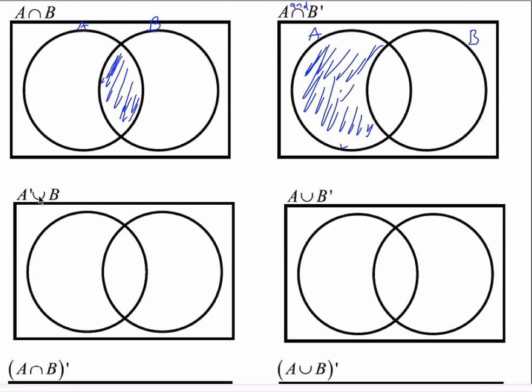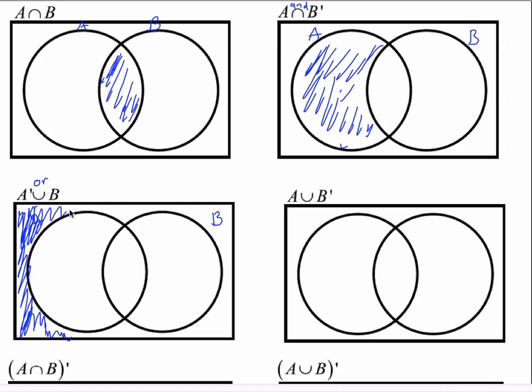Here we have everything that's not in A, or in B. So that's actually going to include some parts of the universal set. Let me just shade everything that's not in A first.